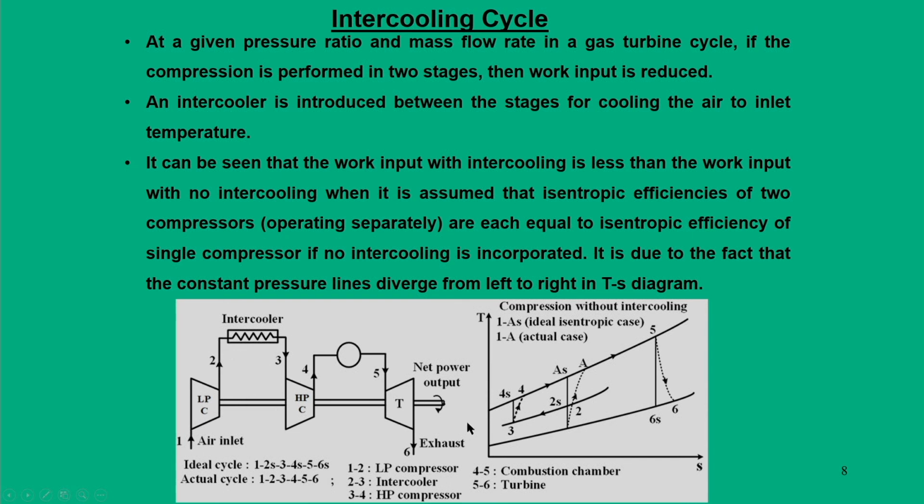The ideal cycle, if it starts at 1 and is ideal isentropic, will go 1, 2s, 5 and 6s. If it is a non-isentropic cycle without intercooler, it will be 1, 2, 5, 6. This would have been the case for a simple cycle.